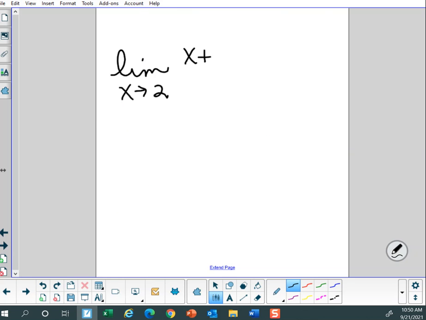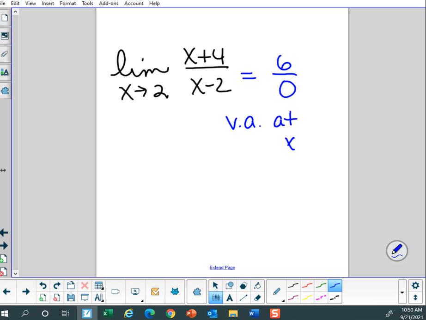When I ask you in general to do something like this, and this is under, I'm not asking you for one side. I'm just asking you in general. So in general, we know there's a vertical asymptote at x equals 2. But in order to answer the limit question, we got to check both sides.